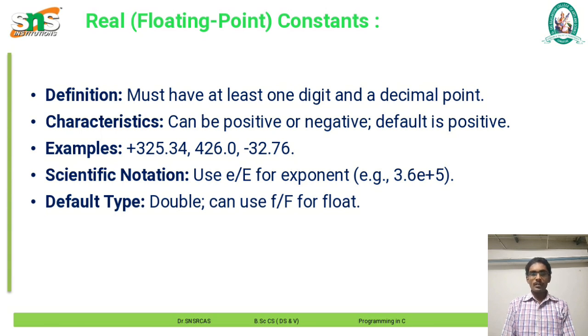Scientific notation for floating constants uses small e or capital E. There is an example: 3.6 into 10 to the power 5. By default, it is double. We can use small f or capital F for floating point constants.